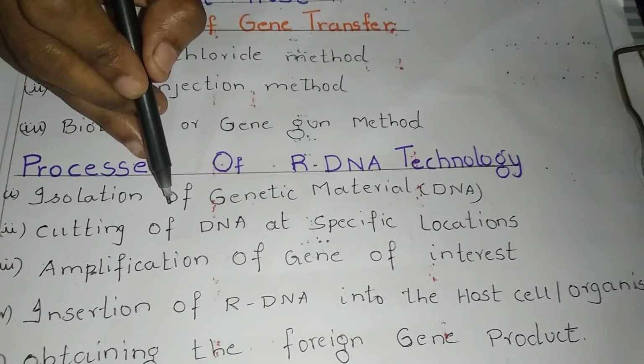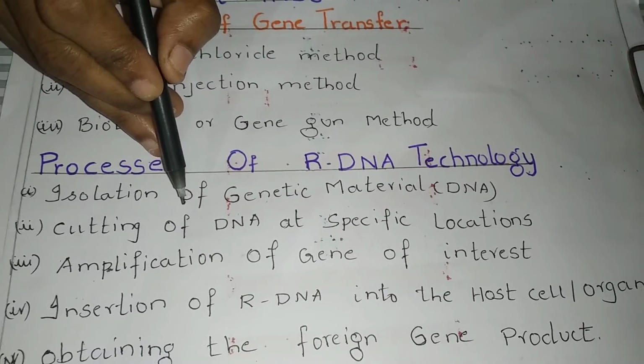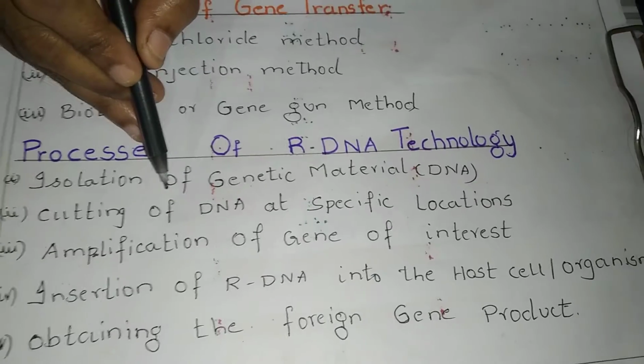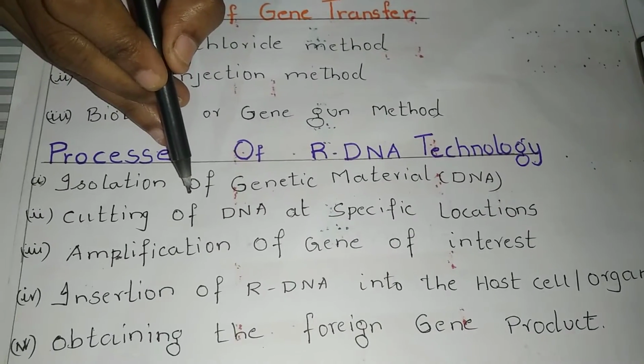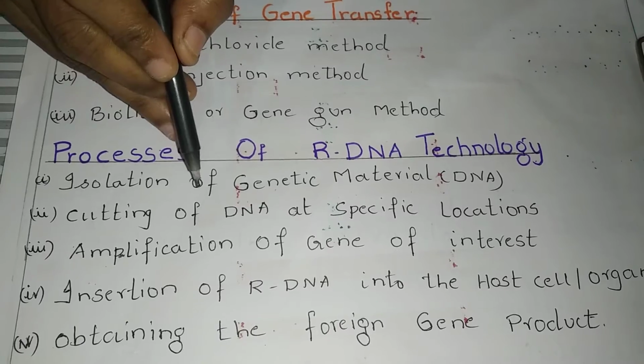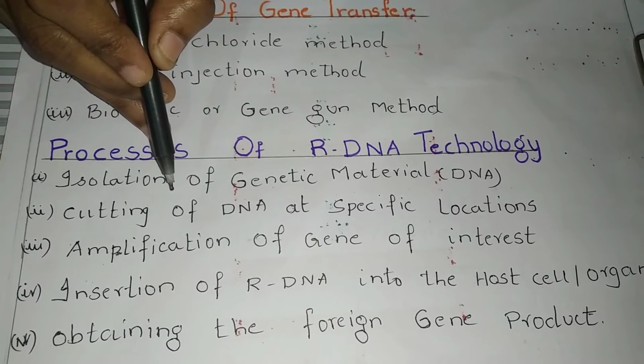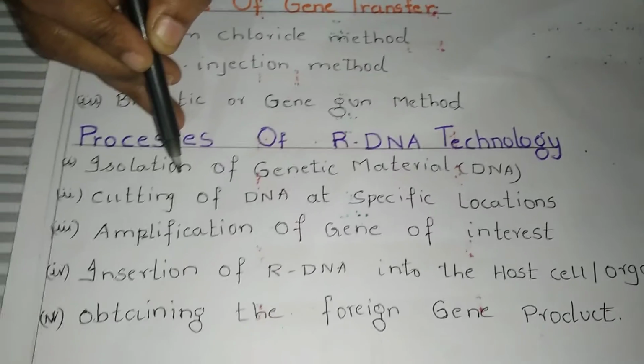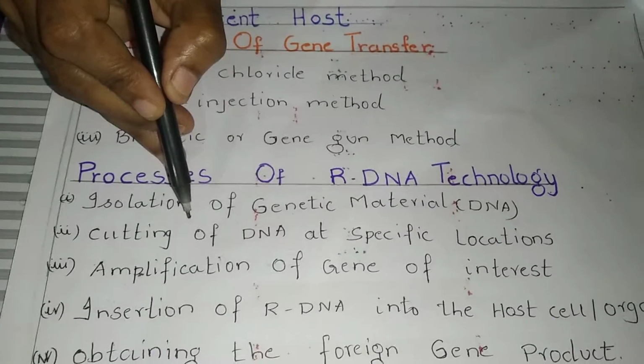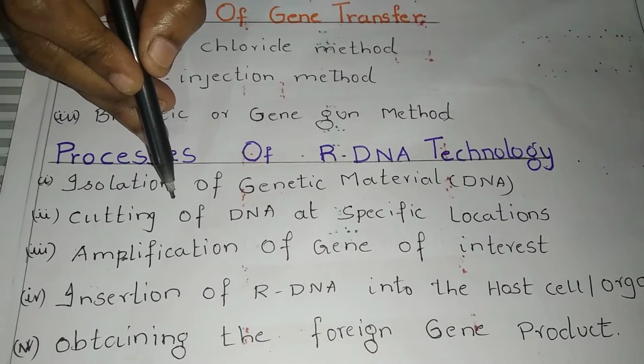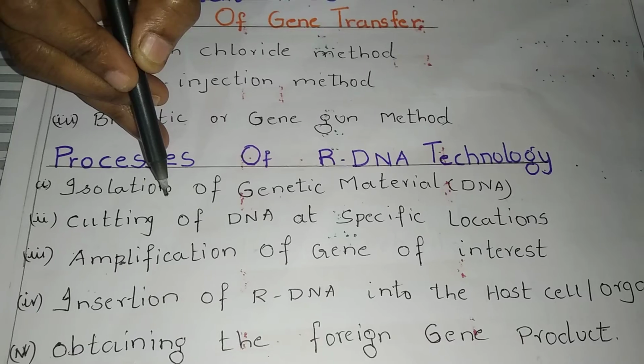And then these DNA fragments are put on agarose gel and separated by means of gel electrophoresis. So cutting and gel electrophoresis methods we have already discussed in the last classes.